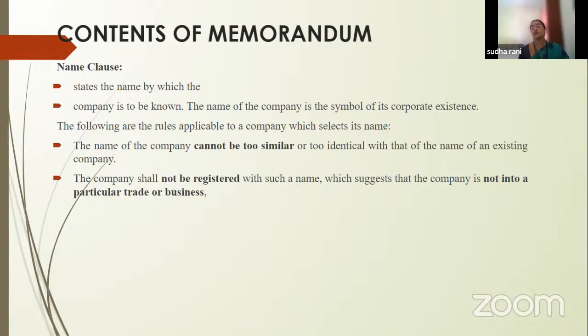So you are supposed to know, while preparing the Memorandum of Association, what care has to be taken for each clause, and what information has to be provided. That is what we are learning here.